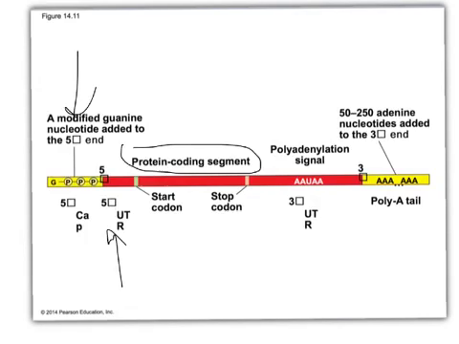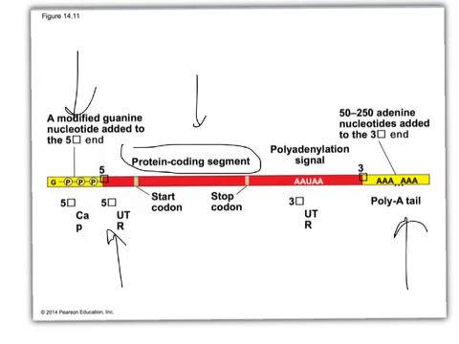You have a 5' UTR and a 3' UTR, untranslated regions. And then this is really the important part, your protein coding sequence. Here's your poly A tail, which could be from 50 to 250 adenines that are added, whatever it might be.